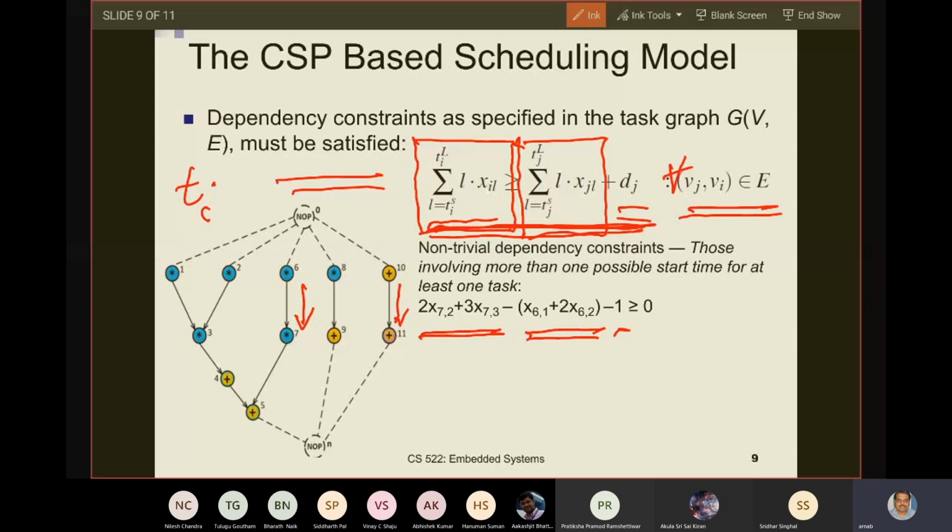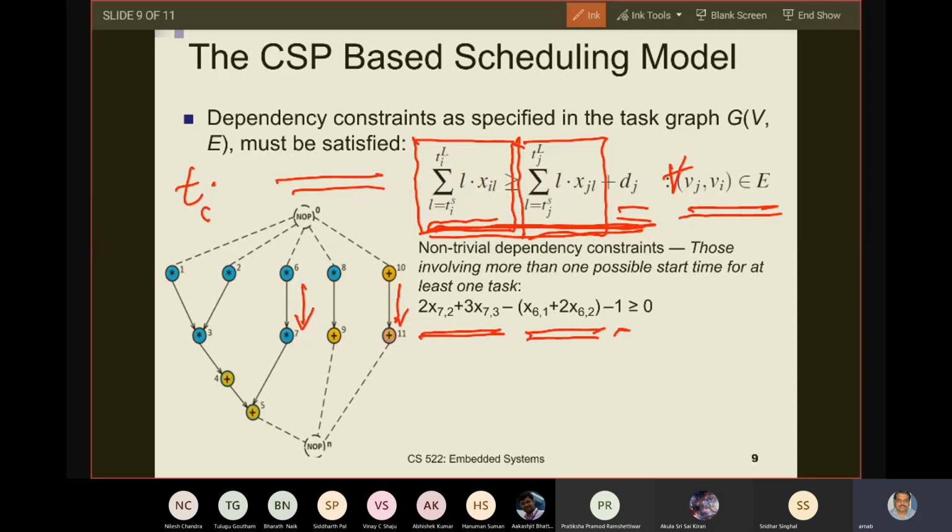Now you see that this constraint cannot be considered separately. You have to consider it taking the unique start time constraint into consideration. Why? Because the unique start time constraint tells you that x72 and x73 cannot both be equal to 1. Either x72 will be 1 or x73 will be 1. Similarly, either x61 will be 1 or x62 will be 1.